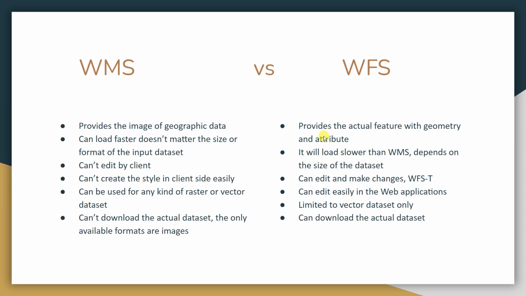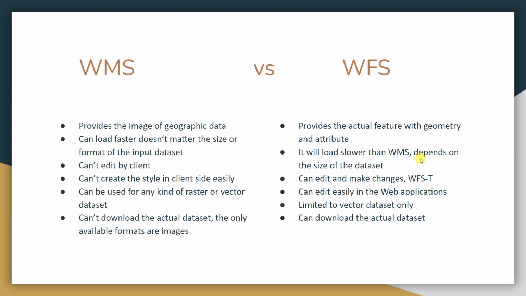editing or changing things. And the difference is WMS can load faster, no matter the size or format of the input data set. Since it's just the image, it will load faster, obviously we know that, and the format of the input data set does not matter whether the data is raster or vector. But in case of WFS, it will load slower if our data set size is increasing.